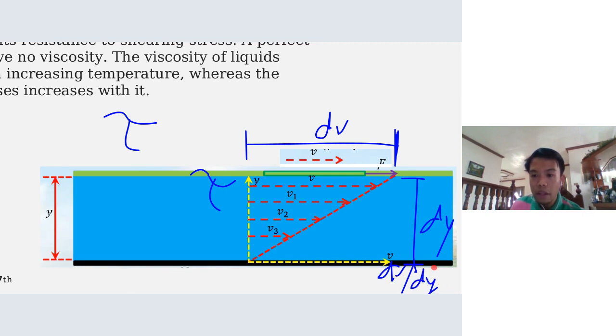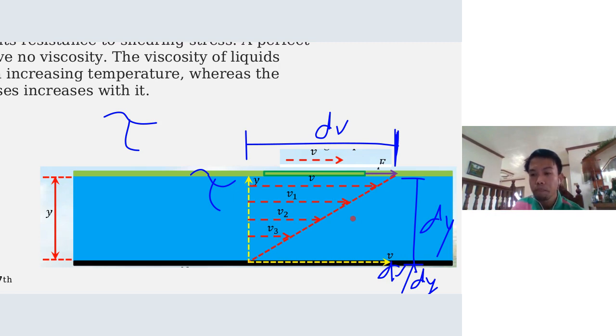Okay? dv over dy. And as we increase the amount of shearing stress, the dv over dy also increases. So basically, they are linearly related.